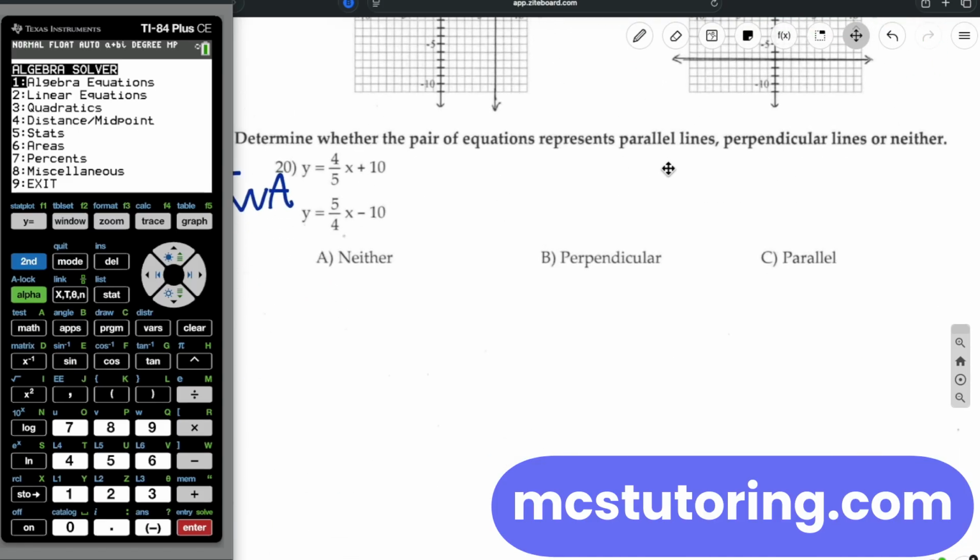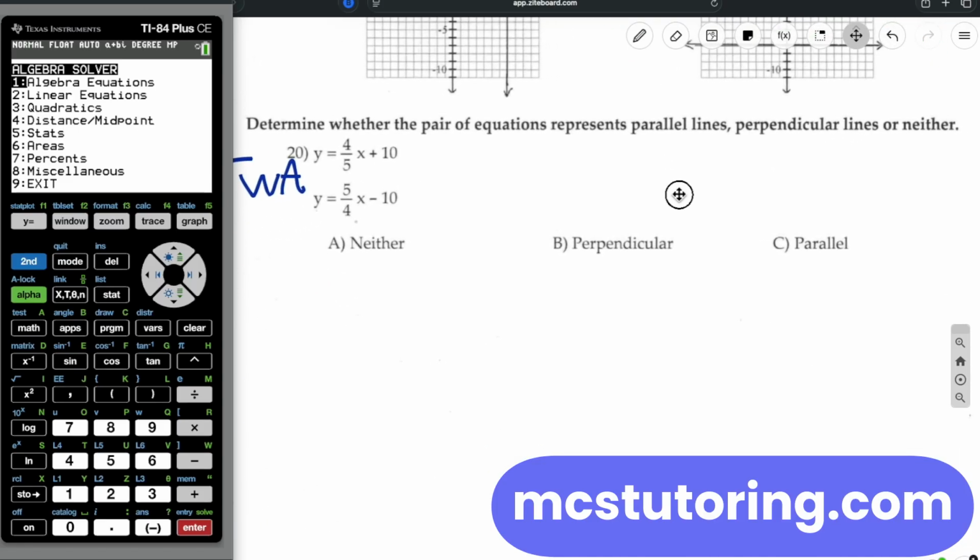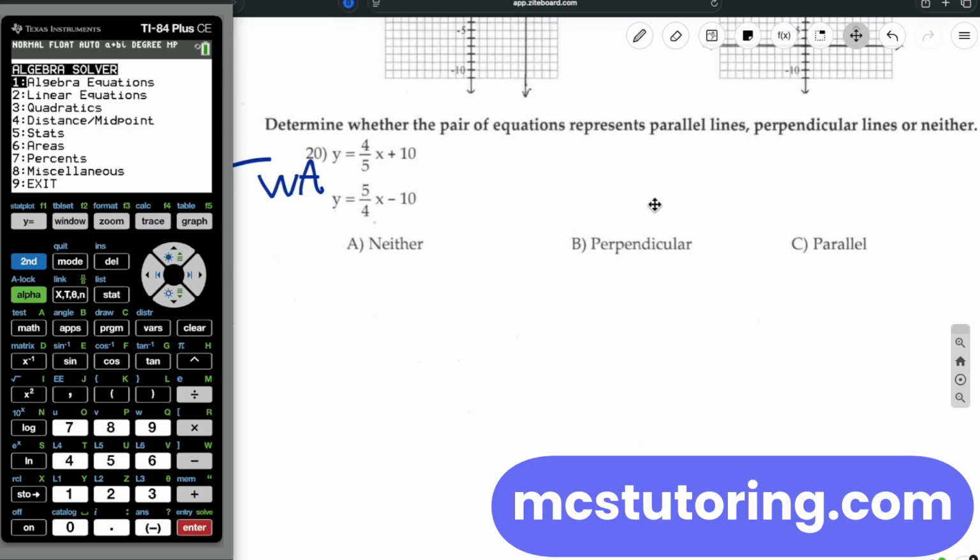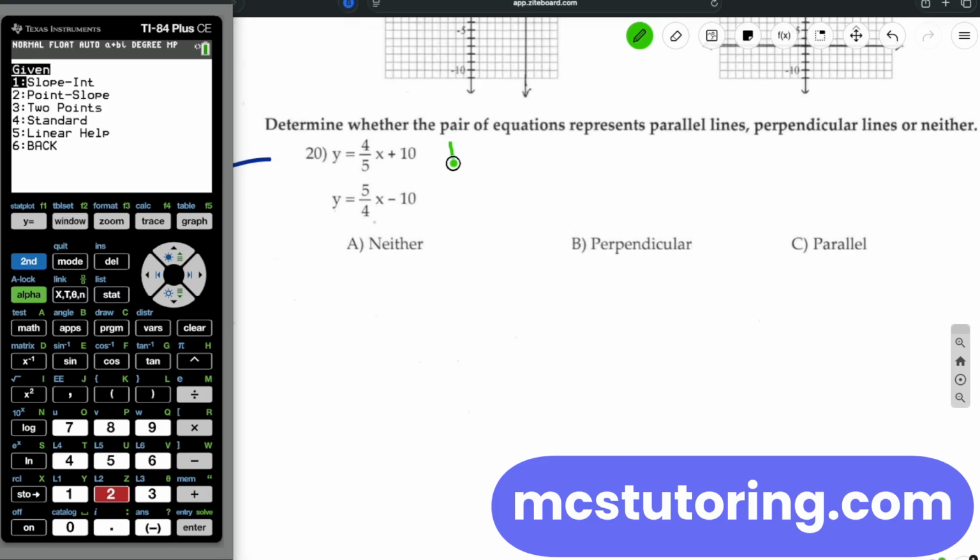Okay, we continue. Which pair of equations, parallel, perpendicular, neither? Man, this is just like forever. But let's do this. It's not even a workaround. We're actually going to do this one. So linear equations, right? I'm going to call this equation 1, and this is equation 2. So we're given the slope-intercept, right? So slope, that's basically the coefficient of x, which means the number in front of x.